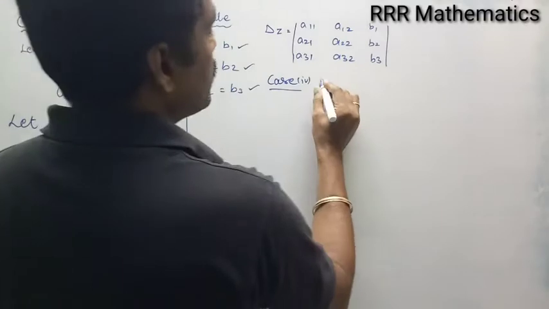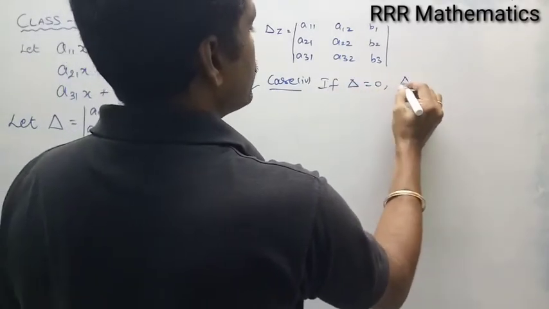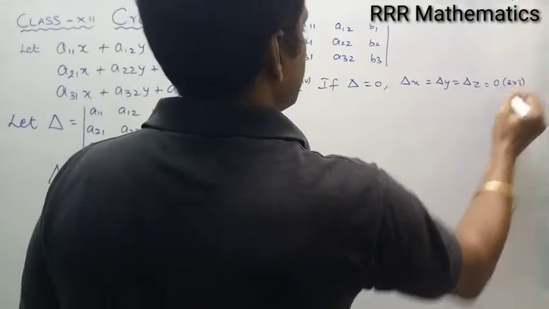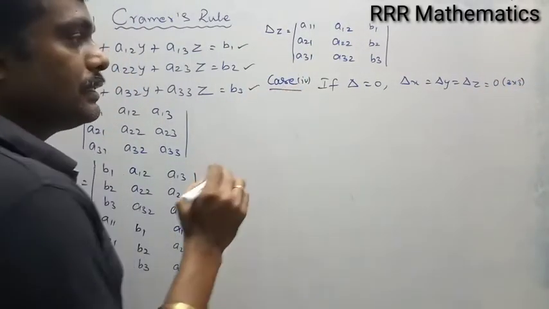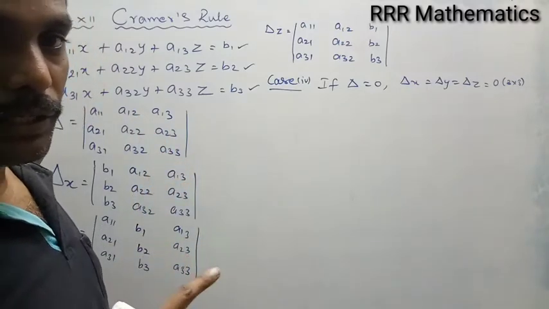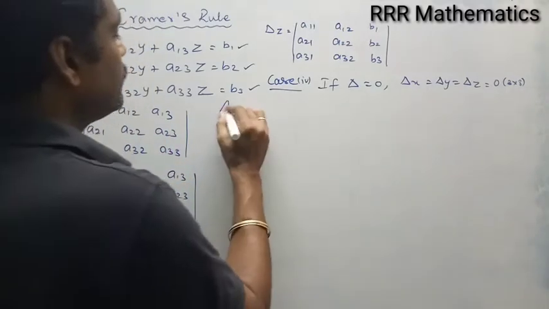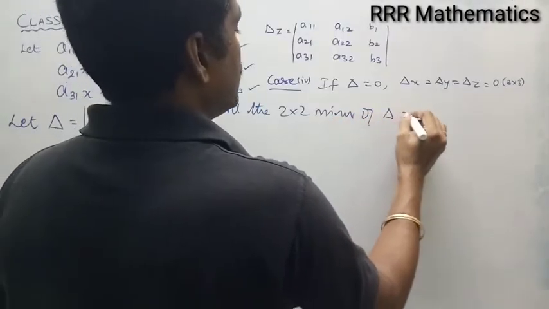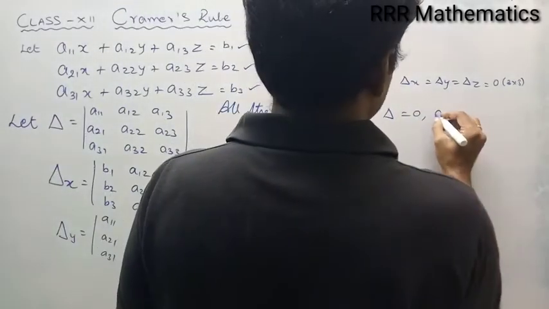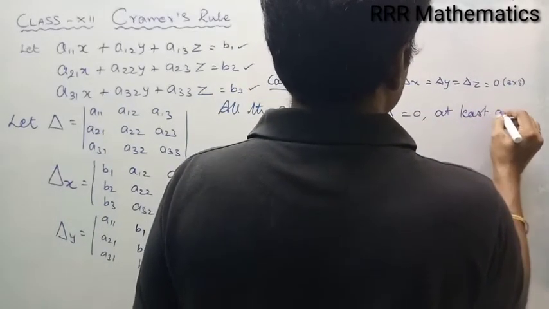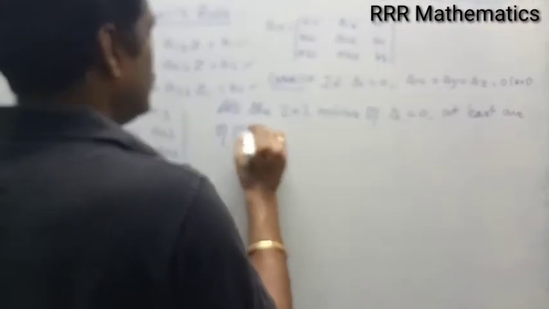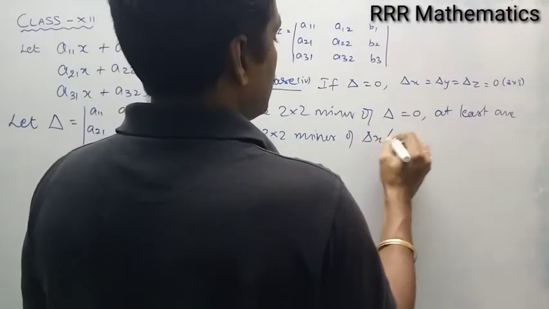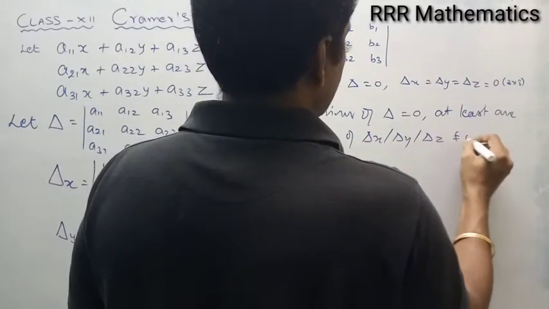Case 4: delta is 0, and delta x, delta y, delta z are equal to 0 for all the 3 by 3. Next we check the 2 by 2 minors. Unlike case 3, here all the 2 by 2 minors of delta are 0, but at least one of the 2 by 2 minors of delta x or delta y or delta z is not equal to 0.